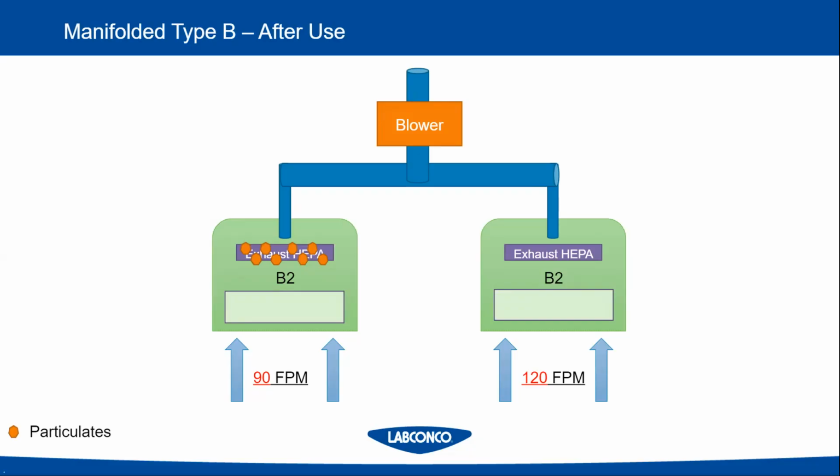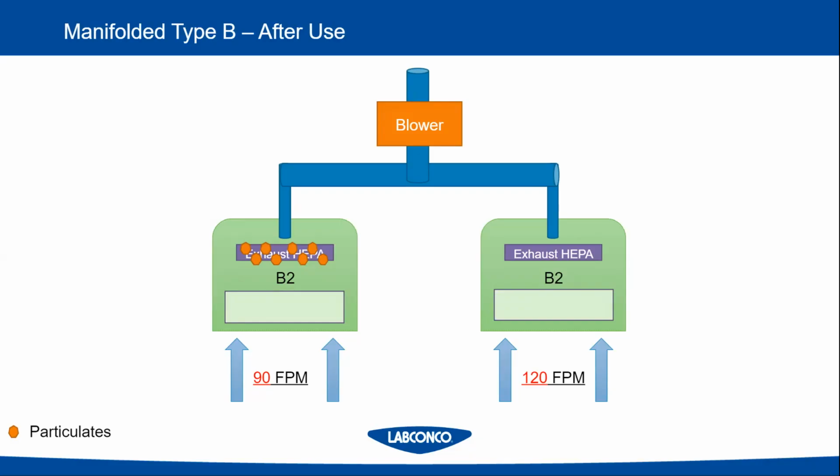And this means on the left, with a lower inflow, there could be a possible breach of containment where biohazards leave the biosafety cabinet and come into the lab. And on the right, there could be a lack of containment from the lab inside, where contaminated air could rush over the inflow and then touch the work surface before it can be filtered. In this case, we would recommend separate valves that can be adjusted on each B2 biosafety cabinet just to make sure they can each have their own dedicated and precisely controlled airflow.